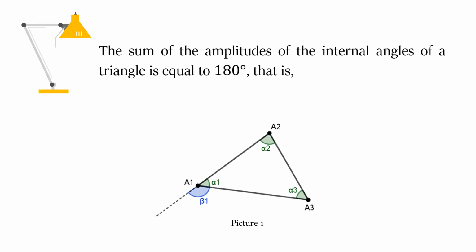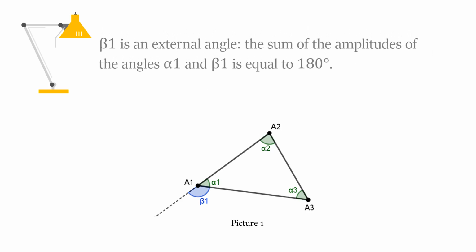Remember that the sum of the amplitudes of the internal angles of a triangle is equal to 180 degrees, that is, alpha 1 plus alpha 2 plus alpha 3 equals 180 degrees.